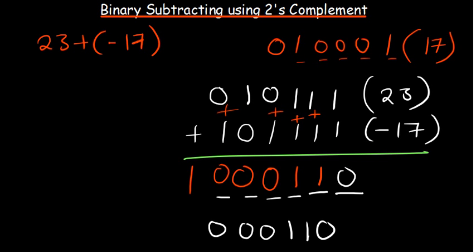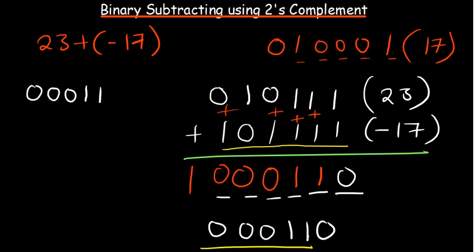The number that is down here was denoting our negative 17, and this is our result. Now, is it true? Let's convert this number to the decimal form. So remember, this is at 2, that is at 4, that is at 8, 16, 32, 64.